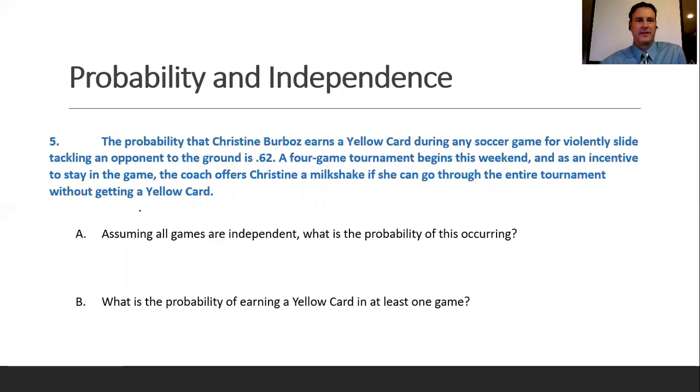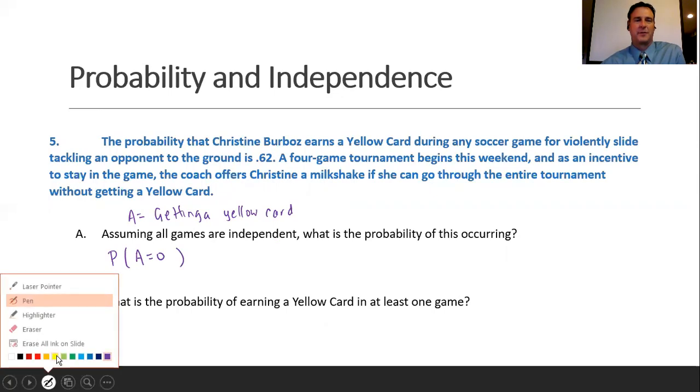Okay, so let's let A be equal to getting a yellow card. And she's playing in 4 games. So what I want is that A is equal to 0. Let's do this. Instead of getting a yellow card, how about the number of yellow cards?